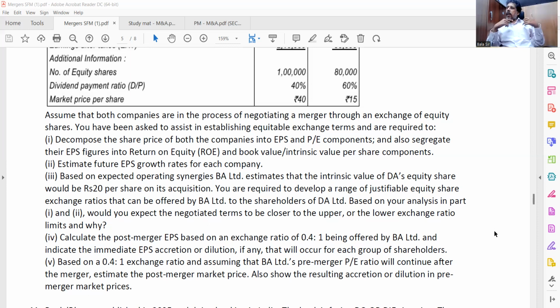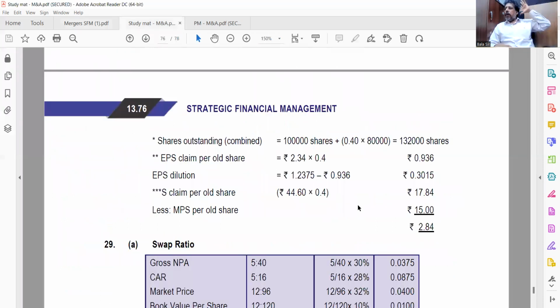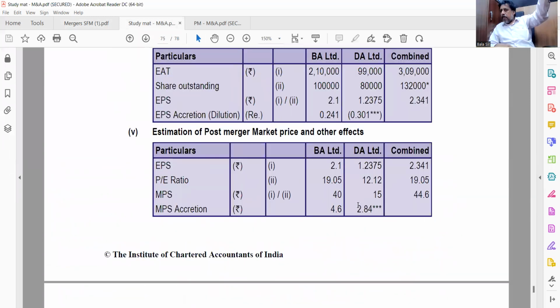But for you people, I cannot make a straight comparison of the 15 rupees and 44. The reason is a person holding one share gets only 0.4 shares in my company. So whatever you got for the combined market price, 44.6, multiply that into 0.4 and then compare that with 15 rupees, right?